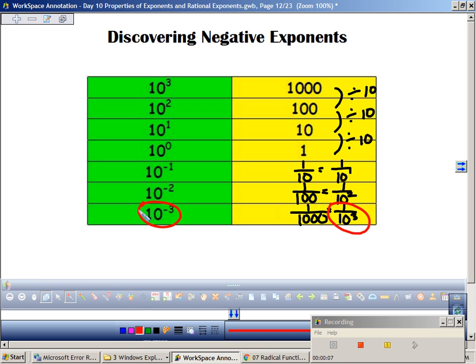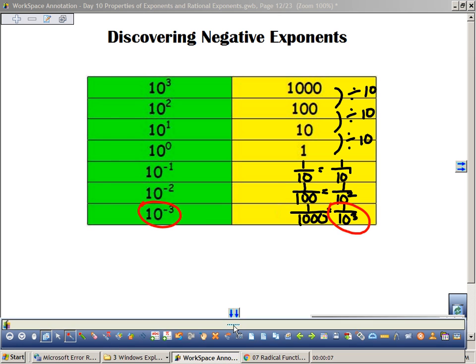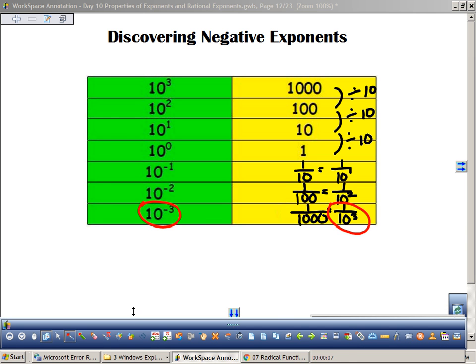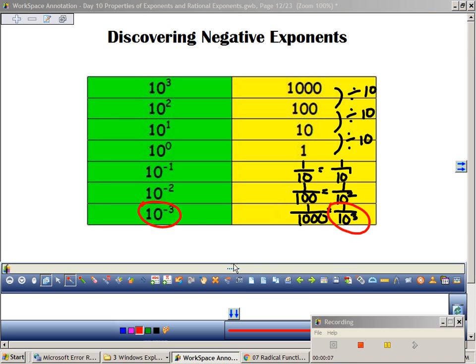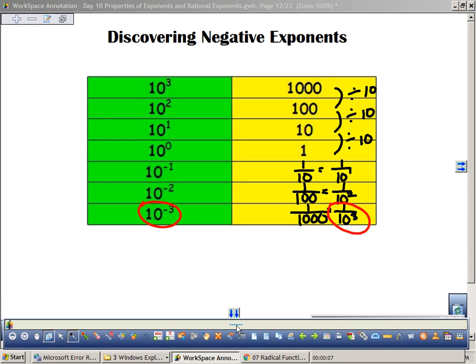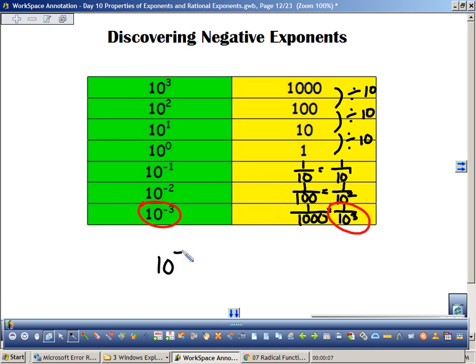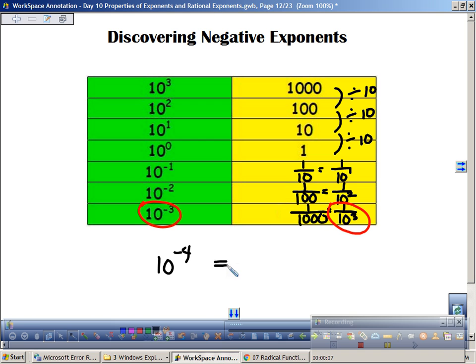It doesn't matter what the decimal is. So if I saw this, what would this mean? If I saw 10 to the negative 4, how could I rewrite that? 1 over 10 to the what? Positive 4.